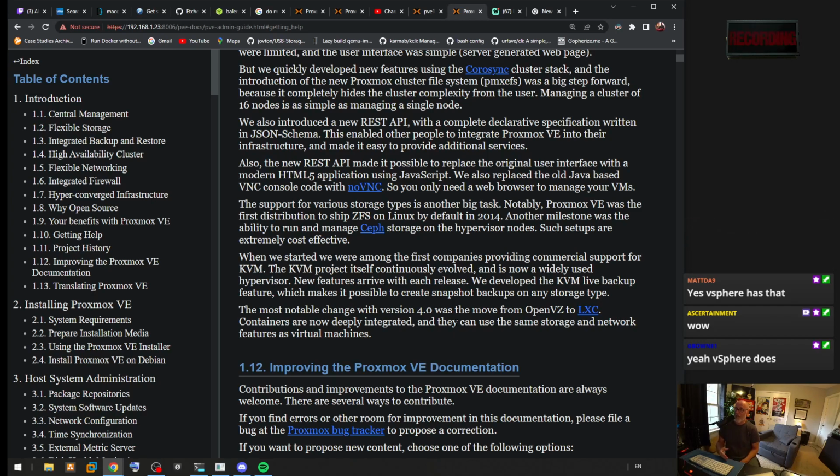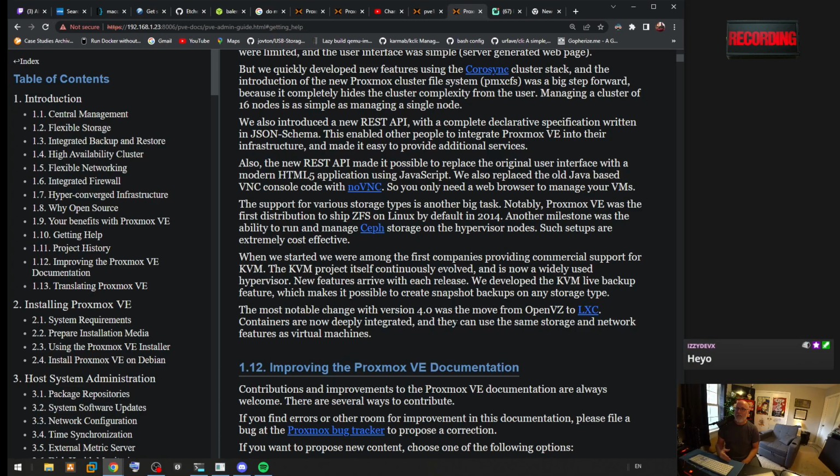It's not as big a company as VMware, but it's a company, and they have support. So if your home lab grows into a small business, that is going to be a big plus to these small to medium sized CTOs out there, because they're not going to be alone if they deploy Proxmox.